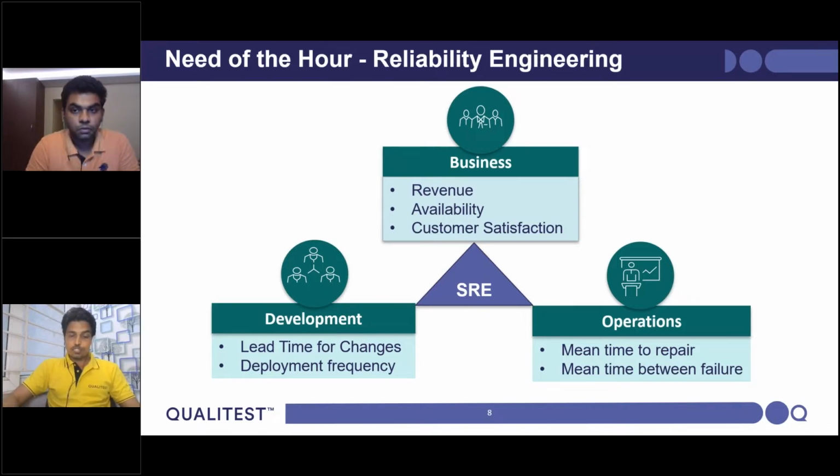Now these three walls are bridged using the skill group called the site reliability engineering group, right? That's how the need for site reliability engineering comes into the picture.